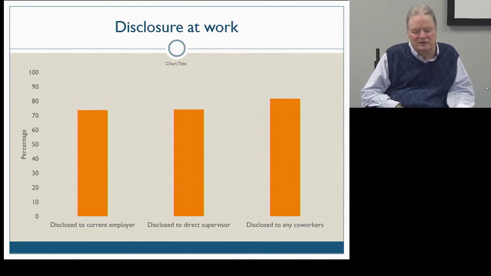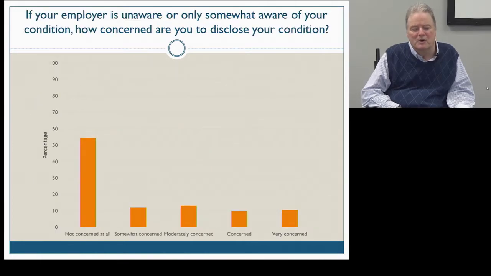We similarly wanted to show two other aspects of disclosure. So asking how concerned people would be, and it really varies, but you can see a portion of people are either concerned or very concerned.